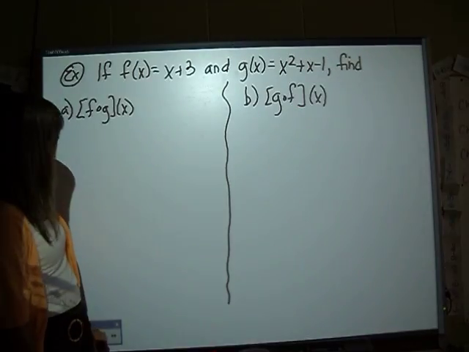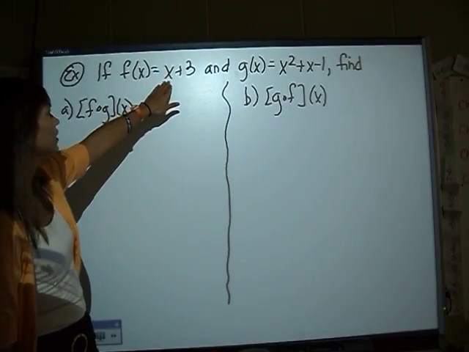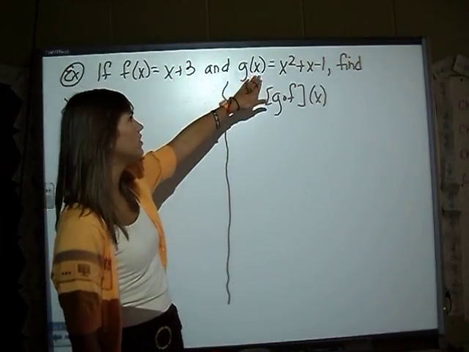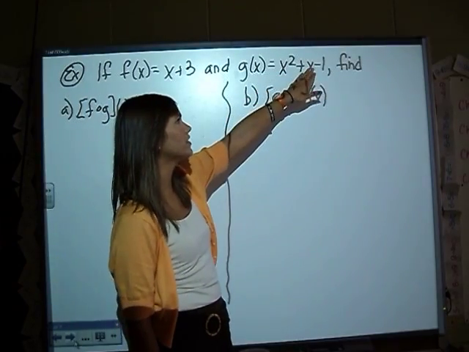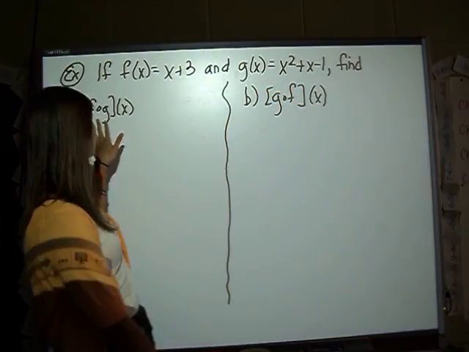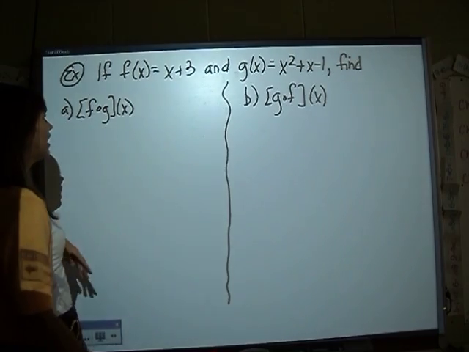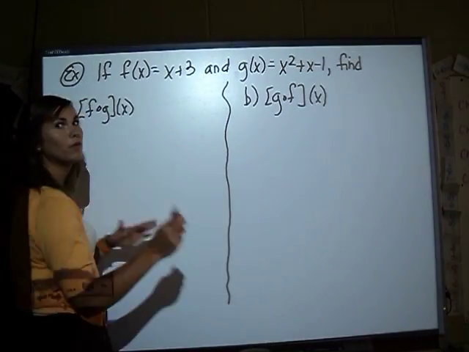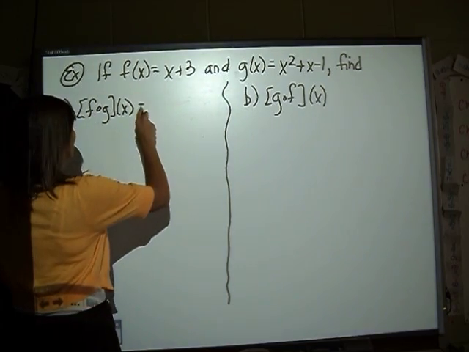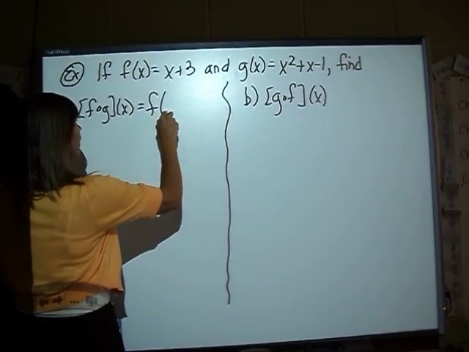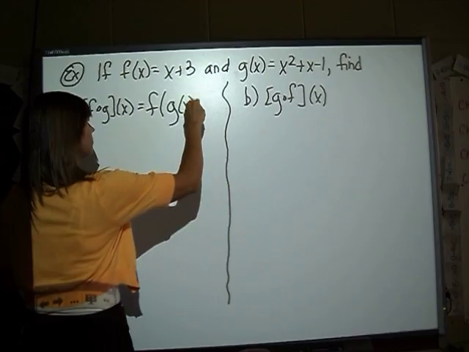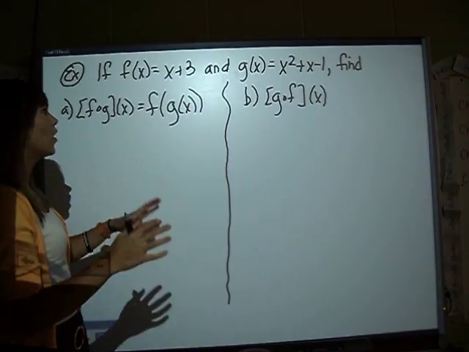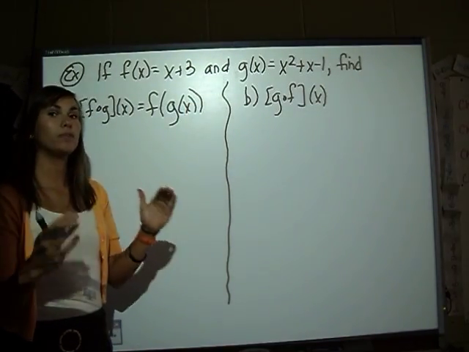So, here, if f of x equals x plus 3 and g of x equals x squared plus x minus 1, our first goal is to find f of g. Now our definition said that f of g is f of g of x. Now I want you to see this as one big f of x.